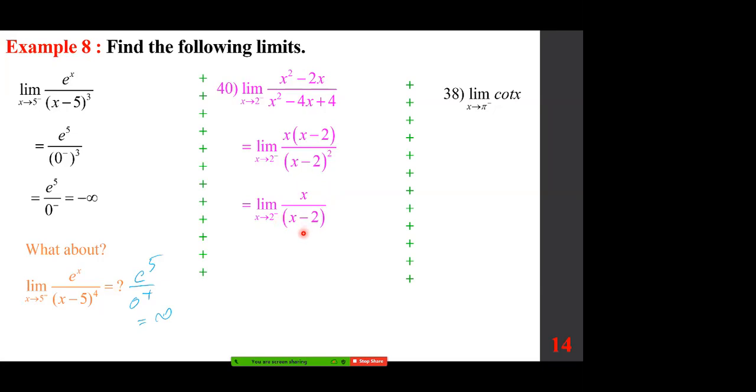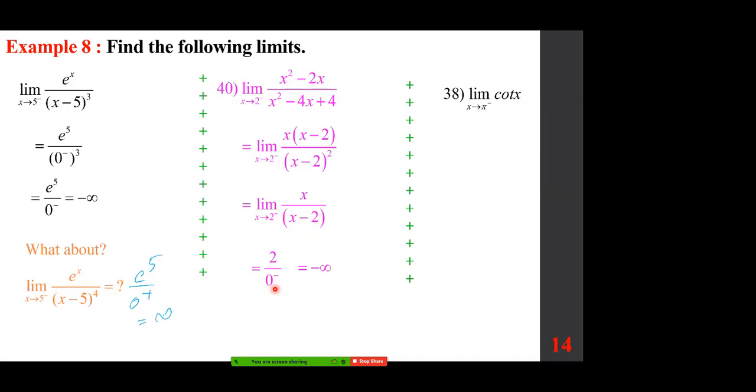The denominator is 0. But is it 0 from the left or right? Remember, 2 from the left means 1.9, roughly, right? Let's say, for the sake of argument, so we can figure out. So it becomes negative, so 0 from the left. So positive over negative gives us negative infinity, okay?